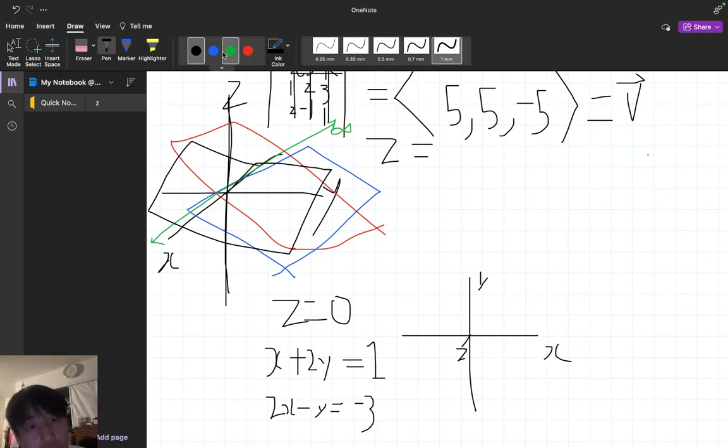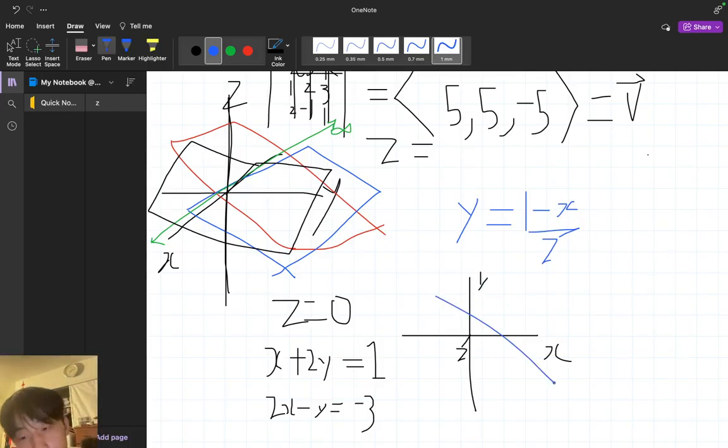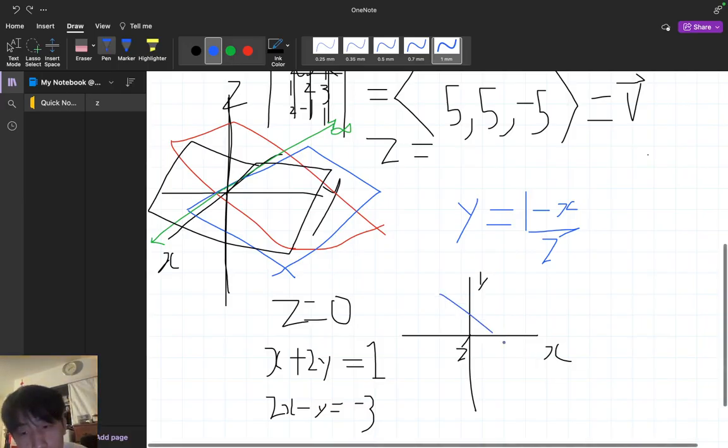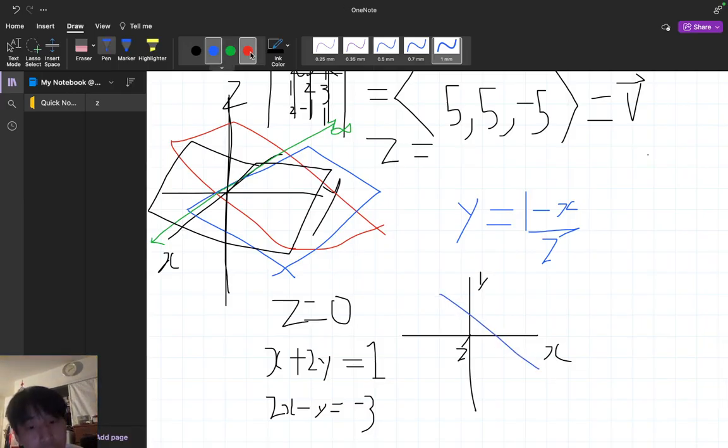So blue would look like x plus 2y, which is y equals 1 minus x over 2. So you'd see a line going, I don't know how to draw this. Probably like this, right? And then you'd see the red line, which is this.